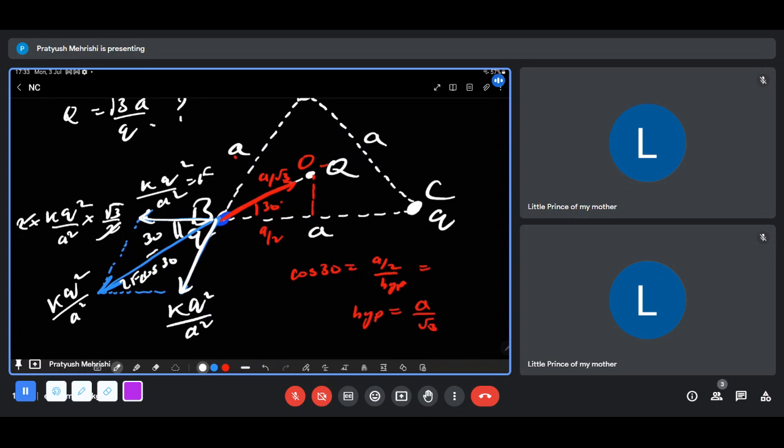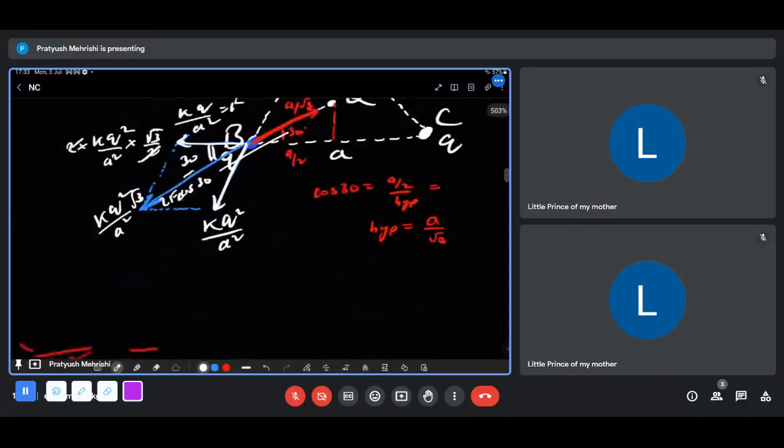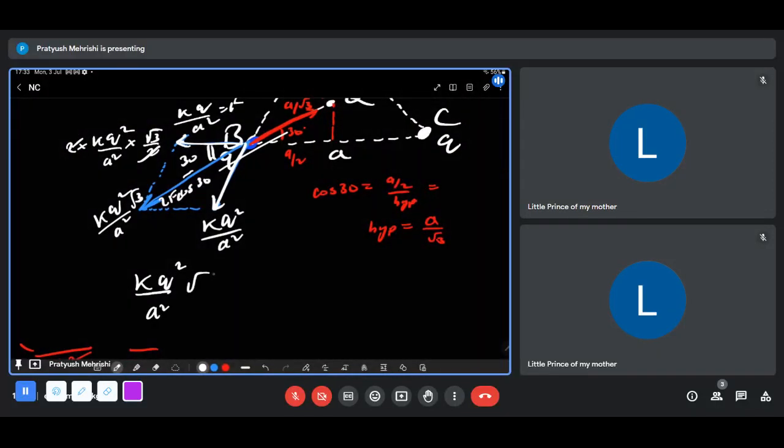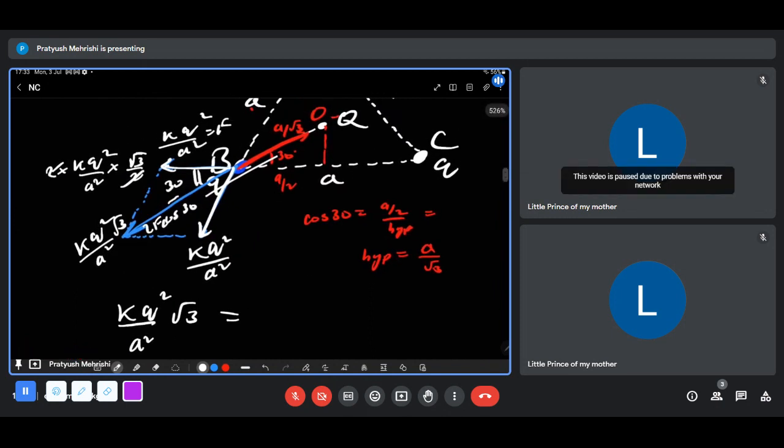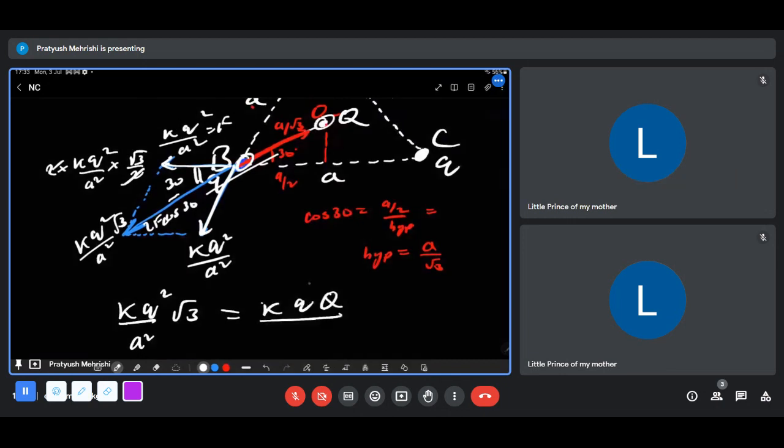This should be equal to the inner force. Means K Q square upon A square into root 3 should be equal to the force between these two charges, K Q1 Q2 upon R square, where R square is A square by 3.